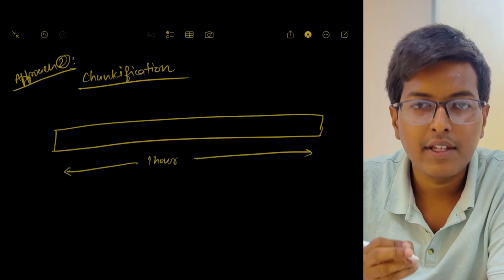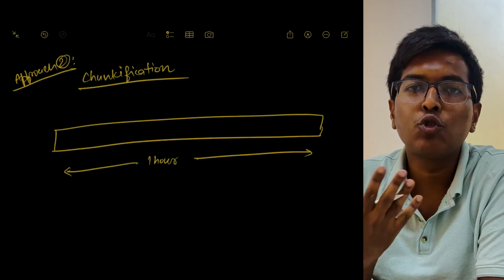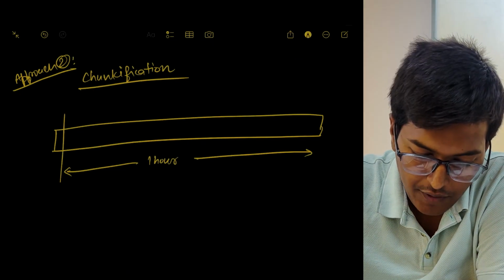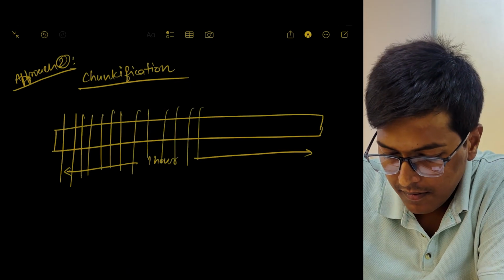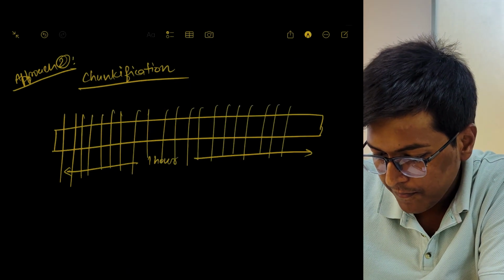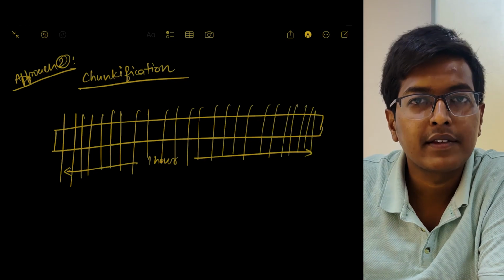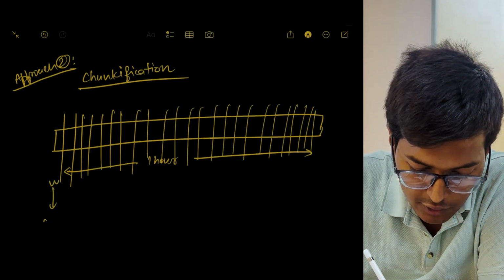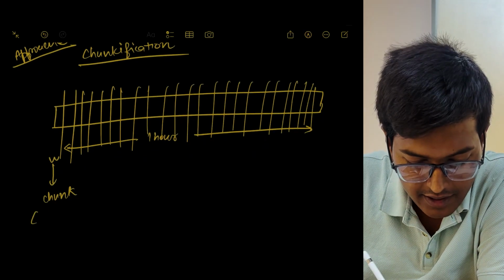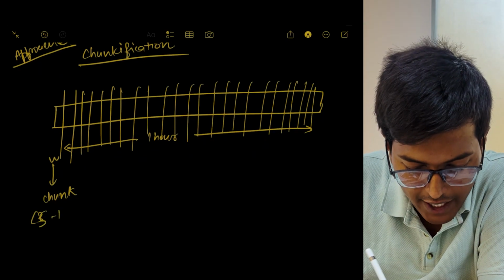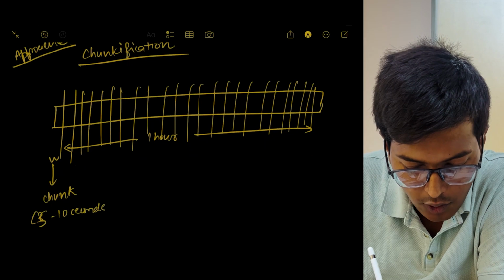What I will do is divide this video into small parts, right? So I will divide this video into these small parts. Each part here is known as a chunk, right? And each chunk is around 5 to 10 seconds long.